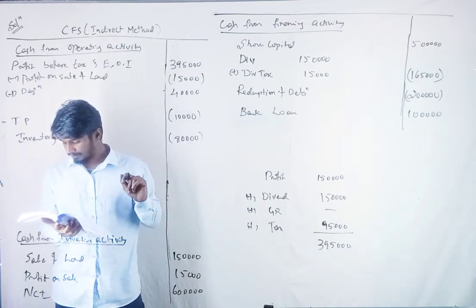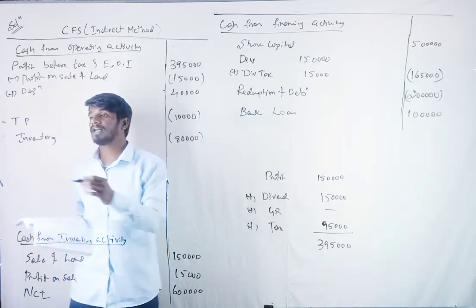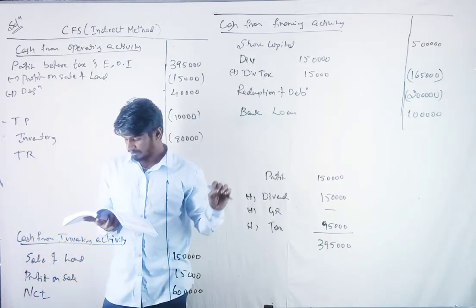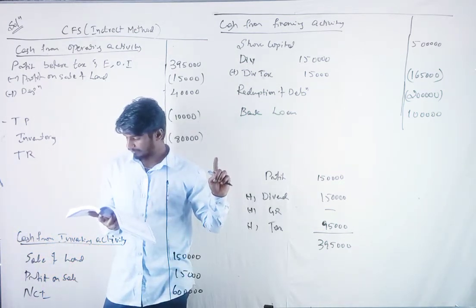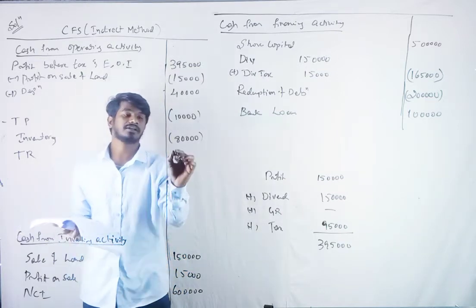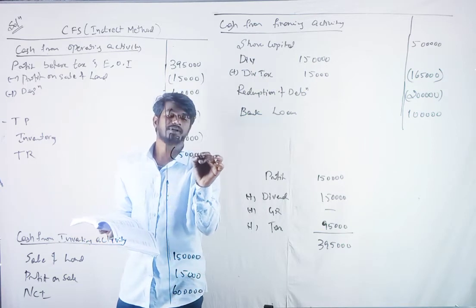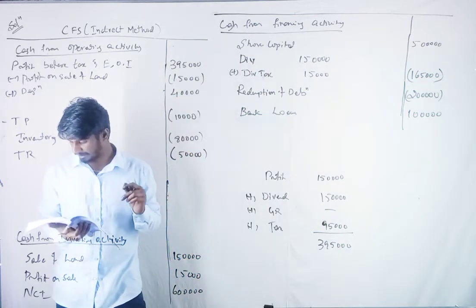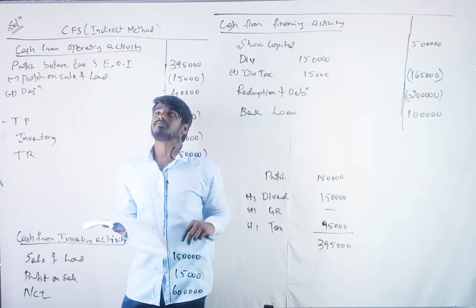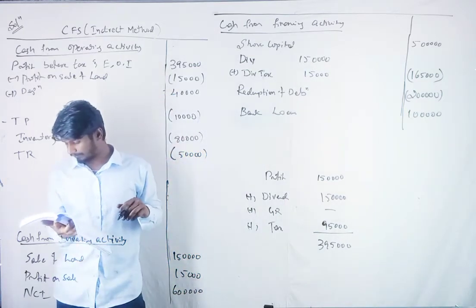Next, trade receivable. It was 1,50,000 in the beginning, it became 2 lakh, meaning again 50,000 we didn't receive. We will minus it because we might have shown it in the profits, right?